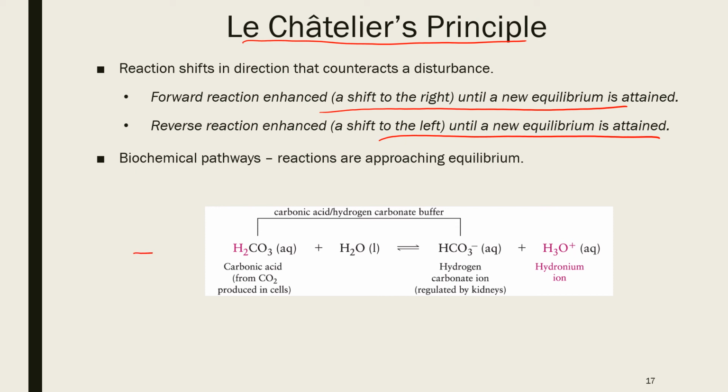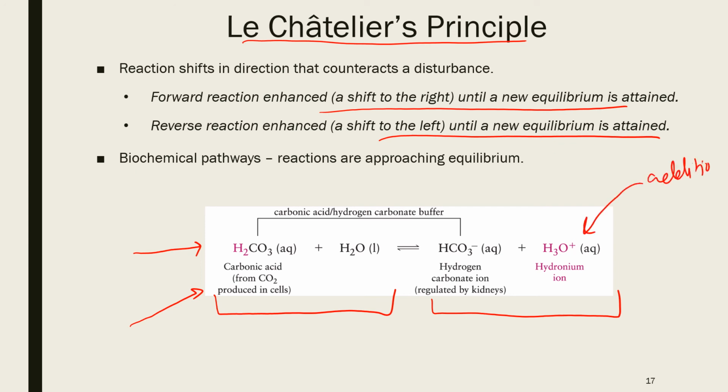Consider, for example, the reaction of carbonic acid in water as shown by this equation. At equilibrium, the concentration of reactants and the concentration of products is constant. If additional hydronium ions are added, that means we are creating a disturbance on the product side because we are adding more hydronium ions.